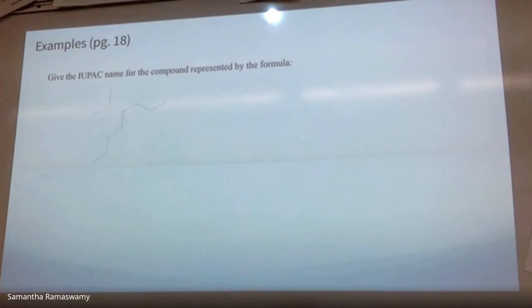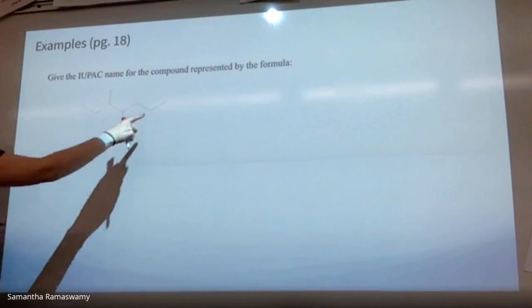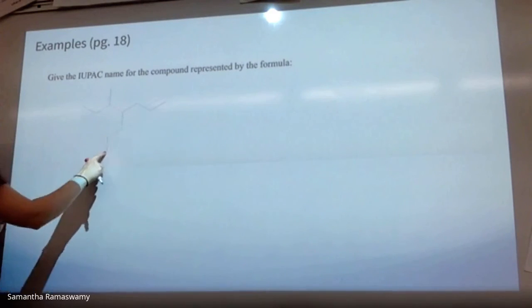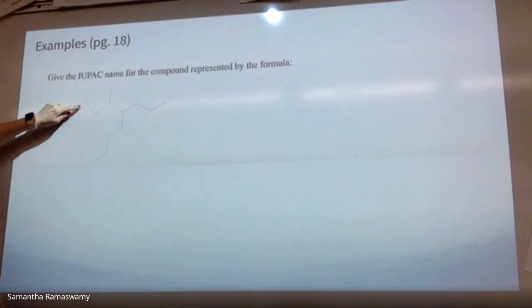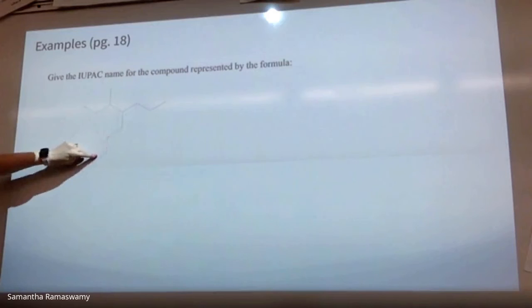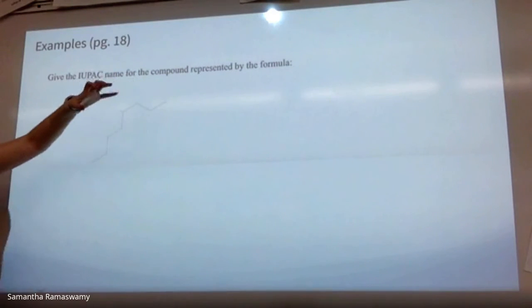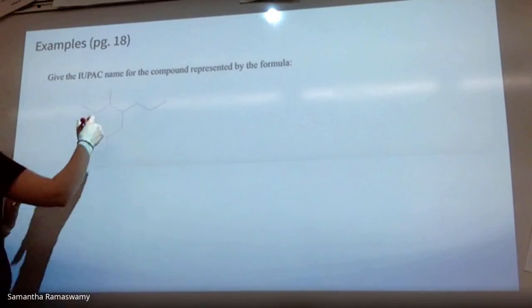You want to find the parent chain, the longest chain of carbons that gives you the most substituents. So if I use this as the parent chain, that would only give me one weird looking substituent. If I started this way and worked down, that would give me 2 different substituents, 2 groups off the main chain.